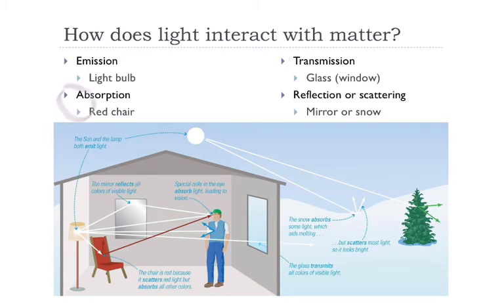And then absorption. So when we look at a chair, perhaps a red chair, that chair actually is every color but red. It absorbs all the other colors, and it scatters that red light more than all of the other colors. So four ways that light interacts with matter.